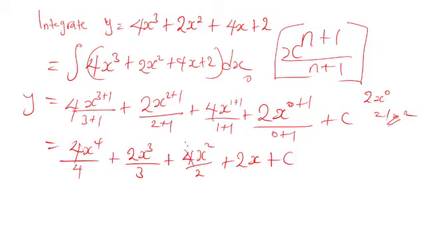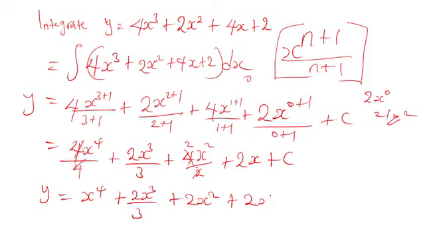Now 2 goes into 4 two times, 2 goes into 2 one time, and this goes with this. So the value of our y is equal to x raised to the power 4 plus 2x cubed over 3 plus 2x squared plus another 2x plus c. Now this is the value of our integral.